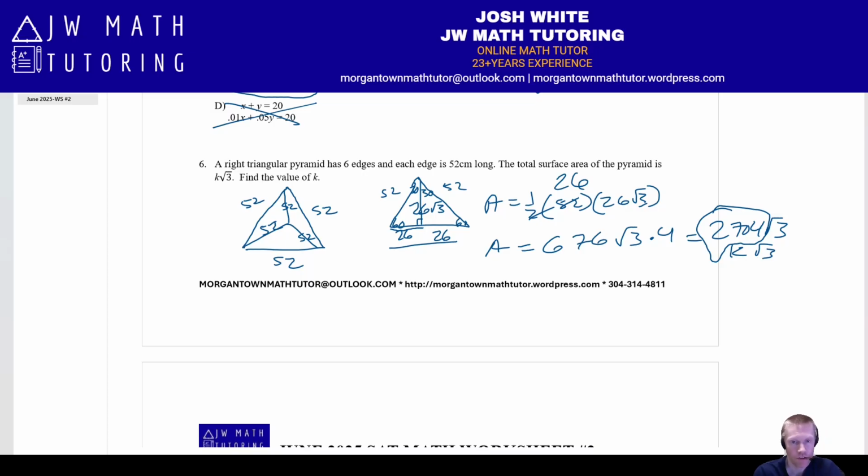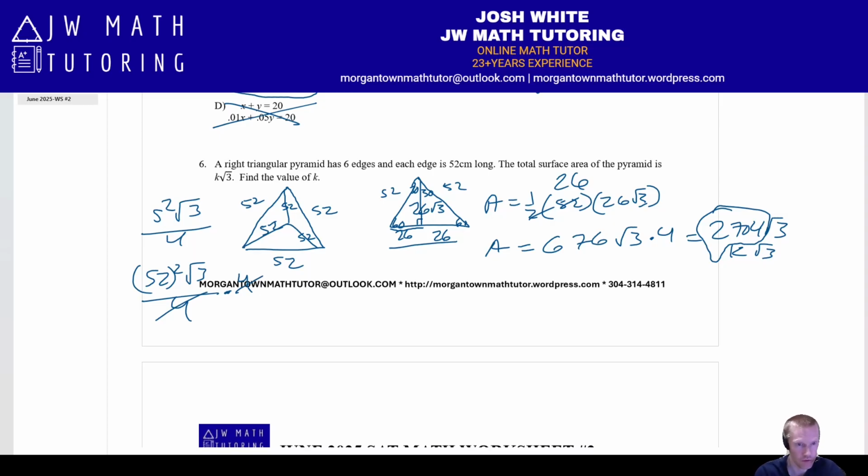Now, you could save some time on this if you know the shortcut formula for the area of an equilateral triangle, which is s squared root 3 over 4. You could just take 52 squared, root 3, over 4, but now there are 4 faces, so when you multiply by 4, these just cancel out.